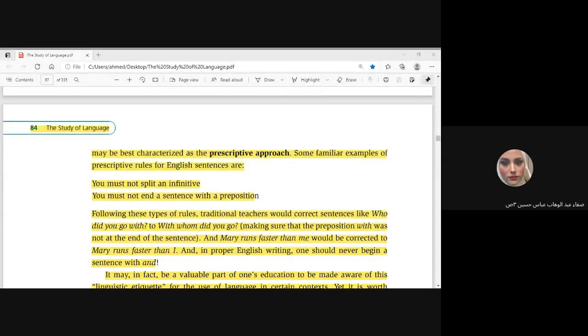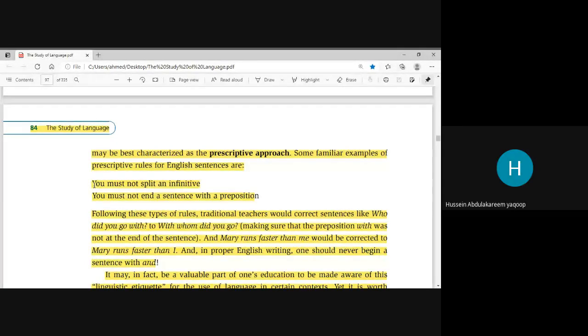Okay, sir. So, in Latin rules, you must not split an infinitive. This is very important to remember. We must not split one. Go quickly. It should be to go quickly, not to quickly go or any other pattern. You must not end a sentence with a preposition. Who did you go with? Instead of with whom did you go?